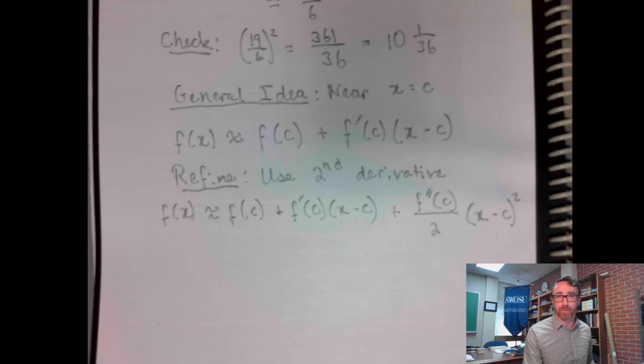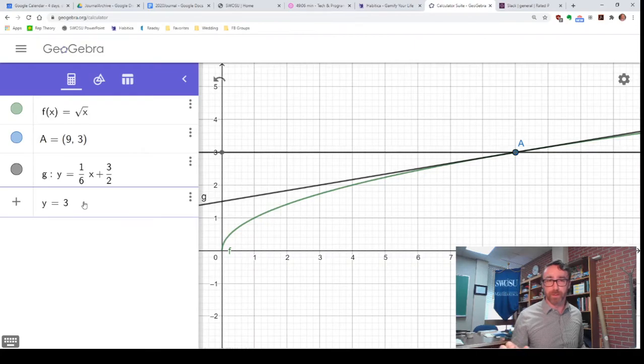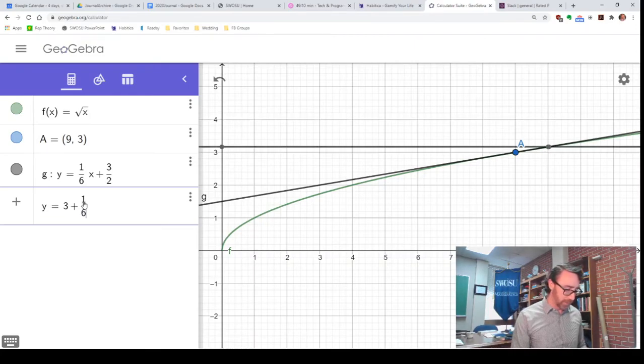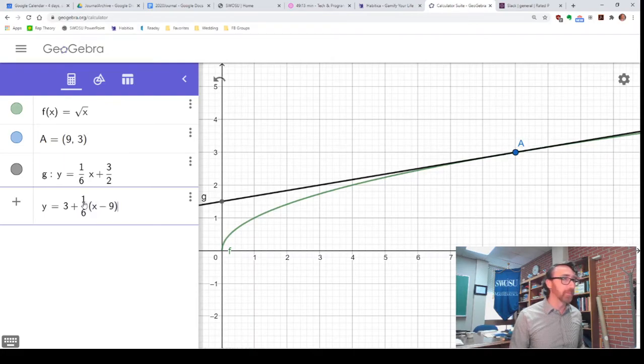Okay, so f prime of c, f of c, so our x value is 9. So if we use that in the square root function, we get a 3. So we have 3 plus 1/6 x minus 9. Okay, so that's just giving us the same old tangent line that we had before, so nothing new yet.